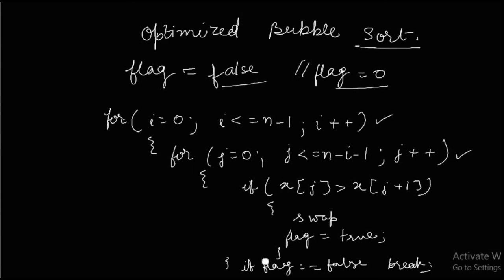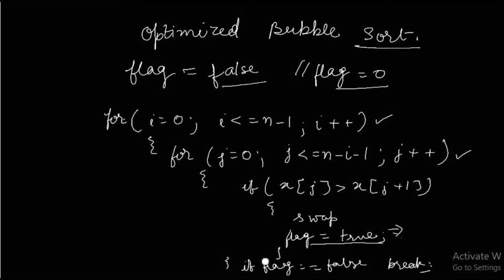Then why run other passes? In this case the flag stays false. It just indicates that no swapping took place in this j loop from 0 to n minus i minus 1, and this indicates that the list is already sorted. So when we come out of this j loop, we check if flag is equal to false, then break.